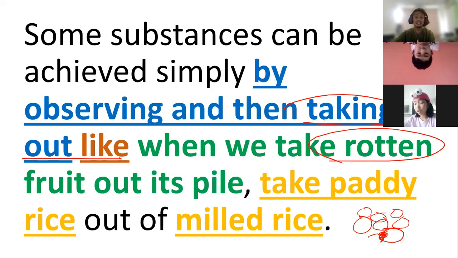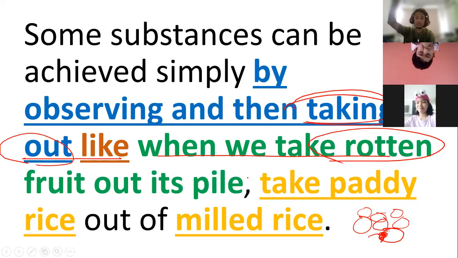Throw it in the bin. You need to take out, like we take the rotten fruit out of its pile. We need to throw it, right? That is what we call separation. Why? Because if we will not separate the not good, everything will be not good anymore, right? So we need to separate things.